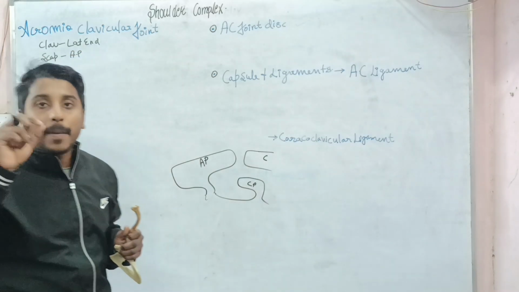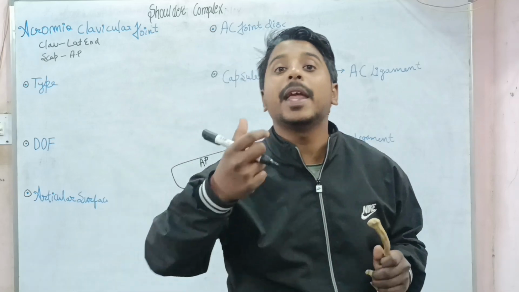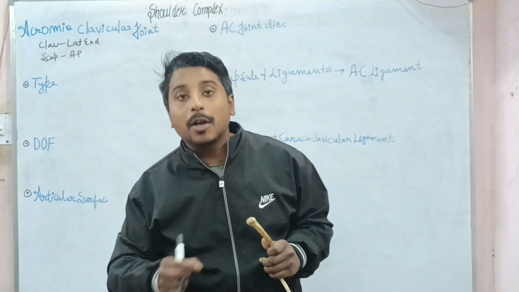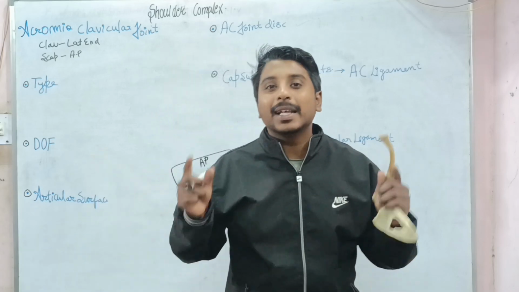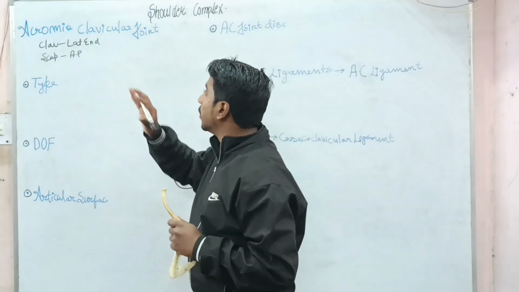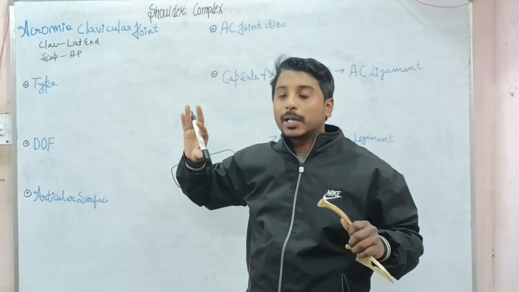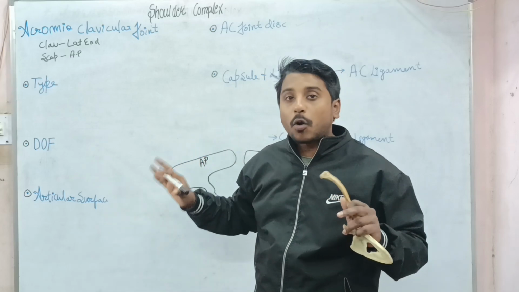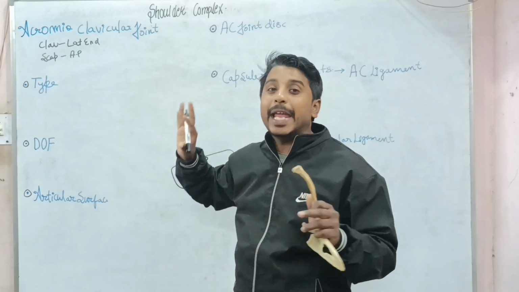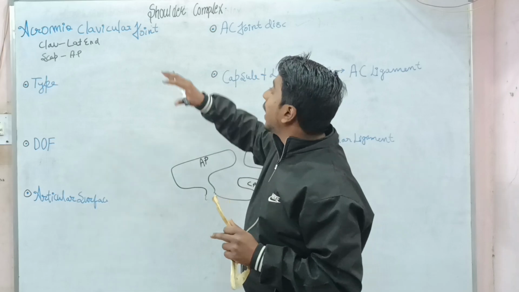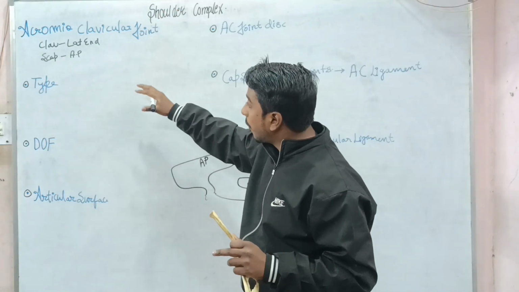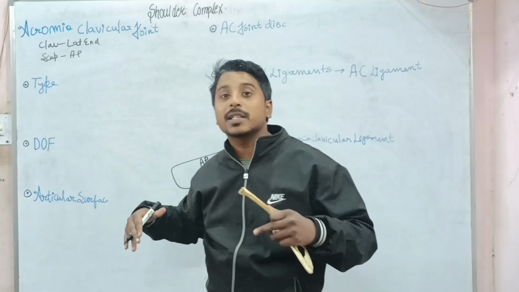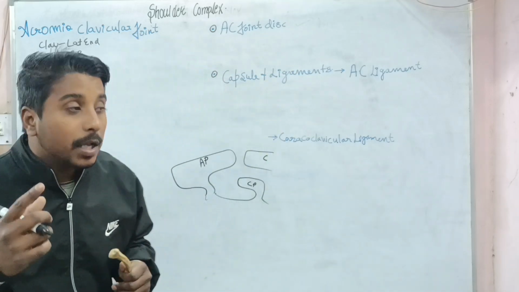From the acromion process, not the whole acromion but a small portion of it, called the facet, is taking part in articulation. This is not a very strong joint, and it is also an incongruent type of joint. Here also we will have proper sub points as we discussed in the sternoclavicular joint.